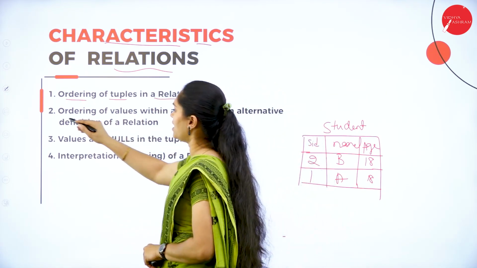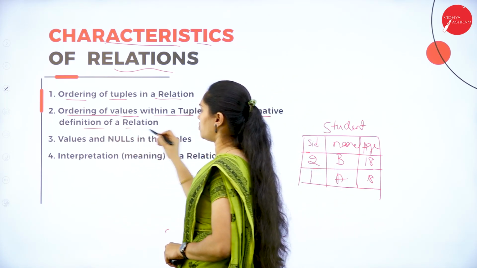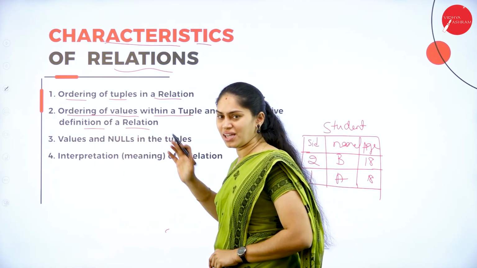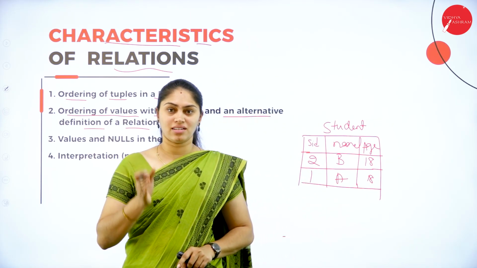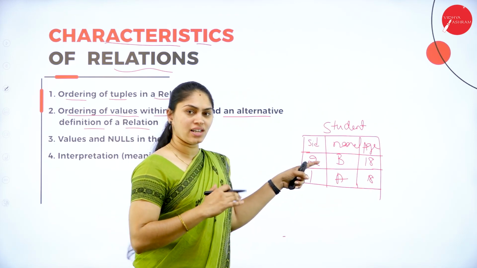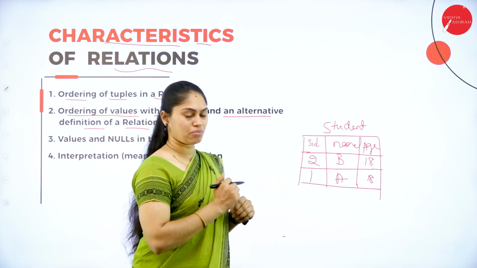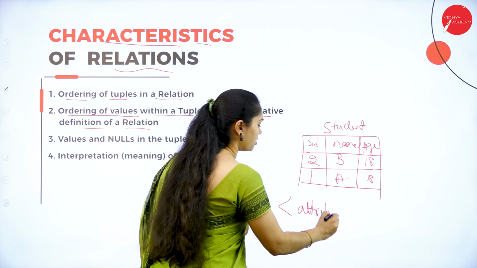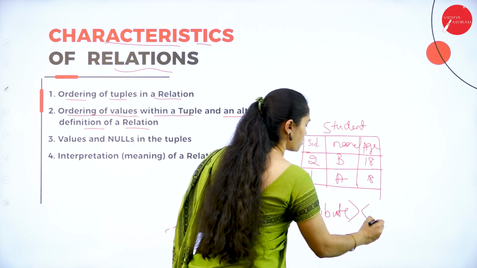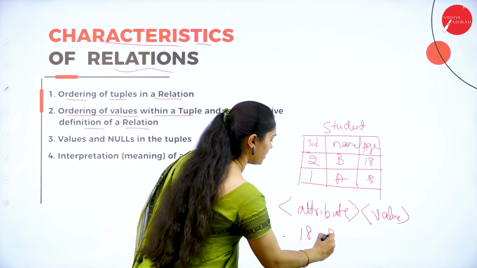What is the next point? Ordering of values within a tuple and an alternative definition of a relation. What it means here is, whenever we are entering a value, order does not matter, but the values we are giving should be associated with its attribute. So here we are calling that a pair, attribute along with the value. So here I can't take 18, B, then 2.